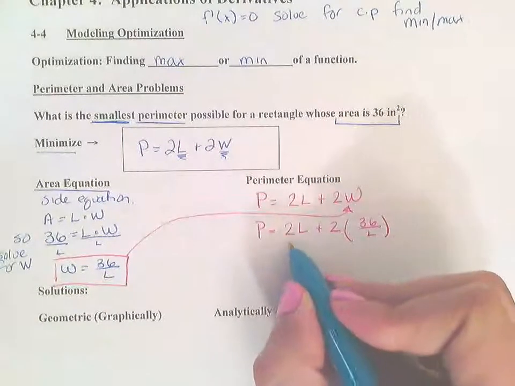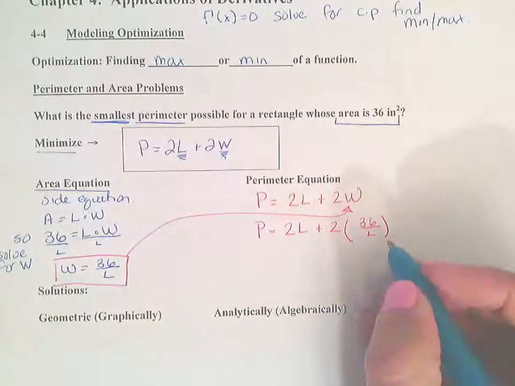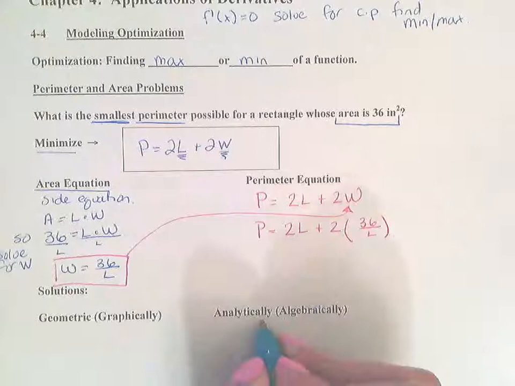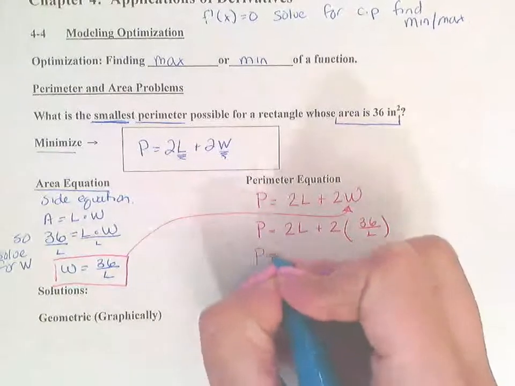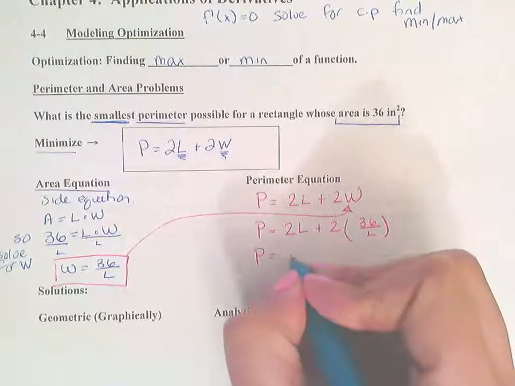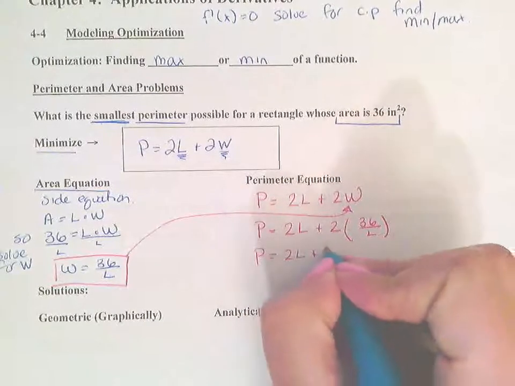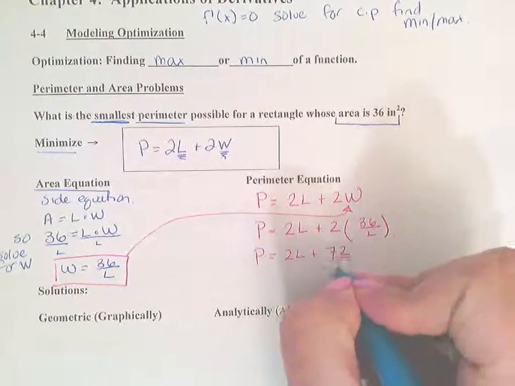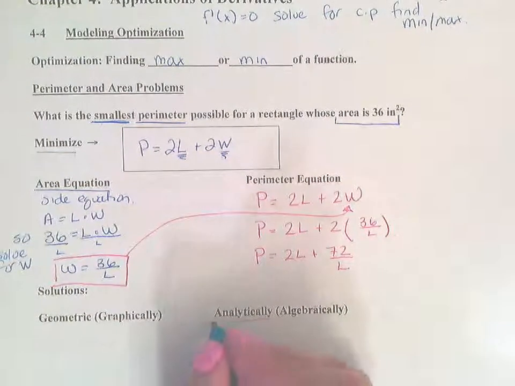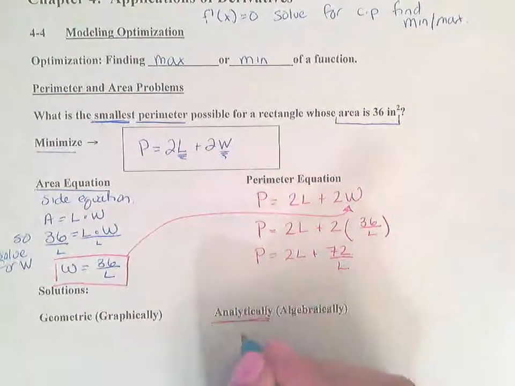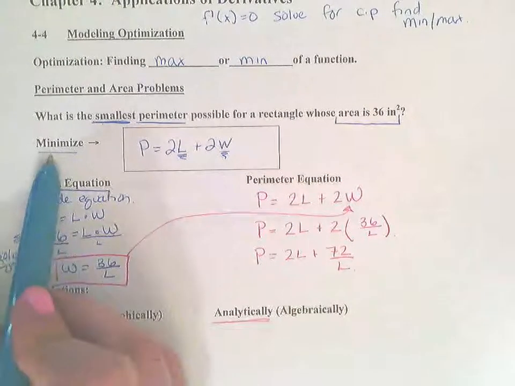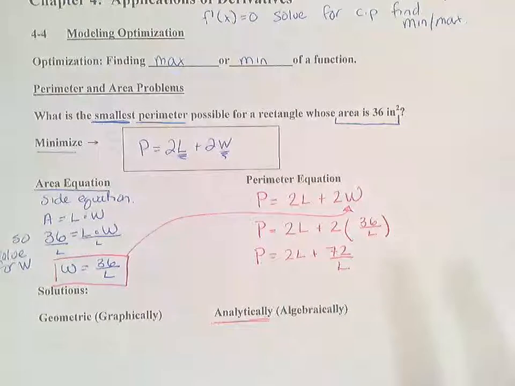I'm going to simplify this down just a bit before I actually start solving it analytically. So this is P equals 2L plus 72 over L. So now we want to solve the perimeter equation analytically. Alright, and remember, minimize means you want to find the local min, basically.